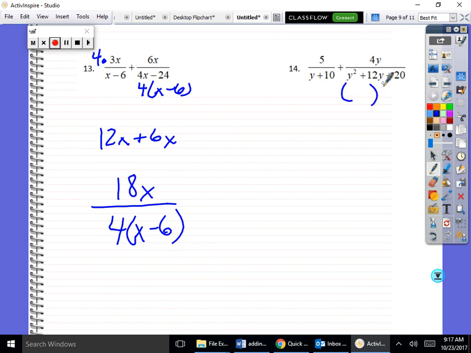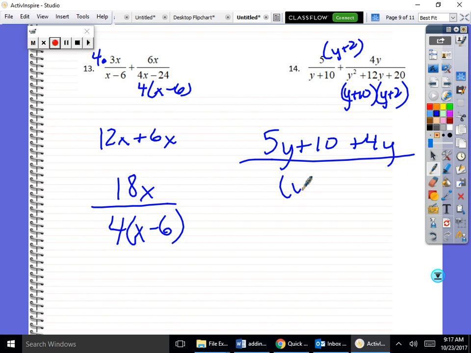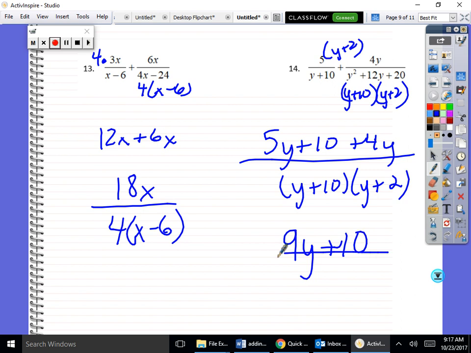All right. Factor this for me. So this is missing y plus 2. So 5y plus 10 plus 4y over y plus 10, y plus 2 is 9y plus 10 over y plus 10, y plus 2. Good?